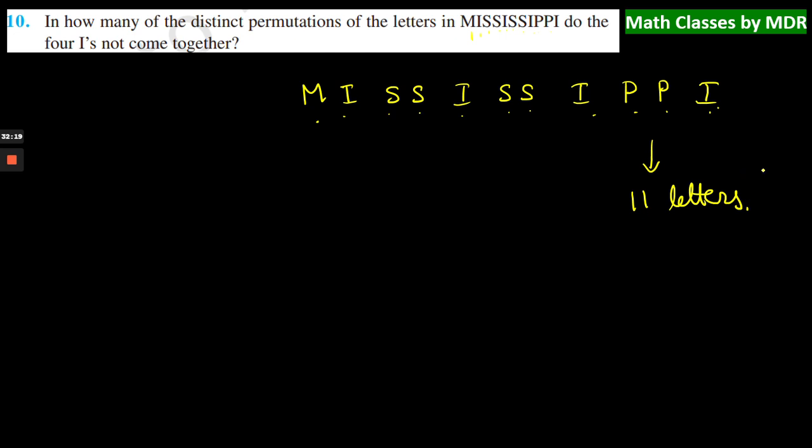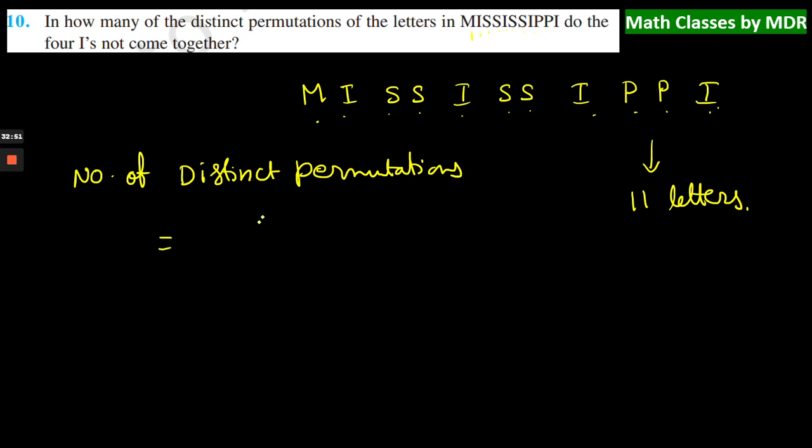Okay, now we have to get the distinct permutations of the letters such that the 4 I's do not come together. So now let us see how many distinct permutations we can make, even though the I's come together, without bothering about that.